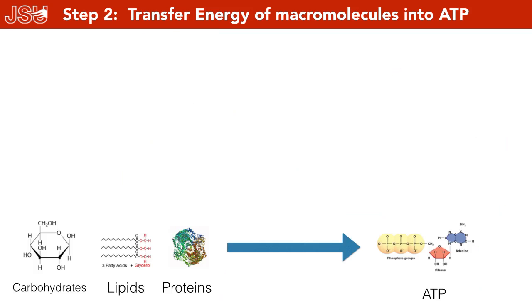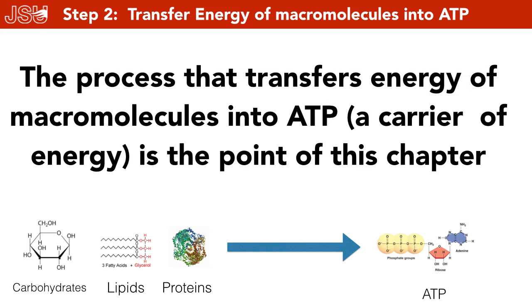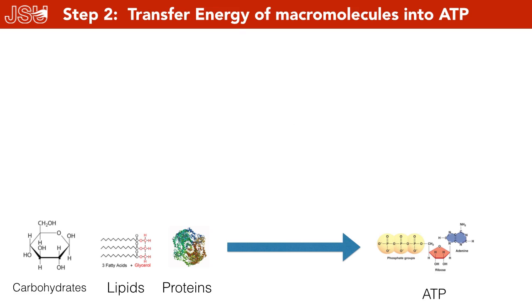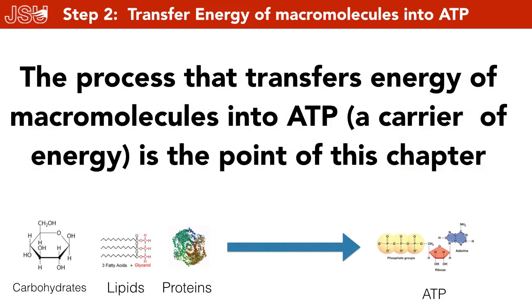Let me say this a few times because this is the whole point here. The process that transfers energy of the macromolecules into ATP is the point of this chapter. Say it again. The process that converts the energy in these macromolecules.